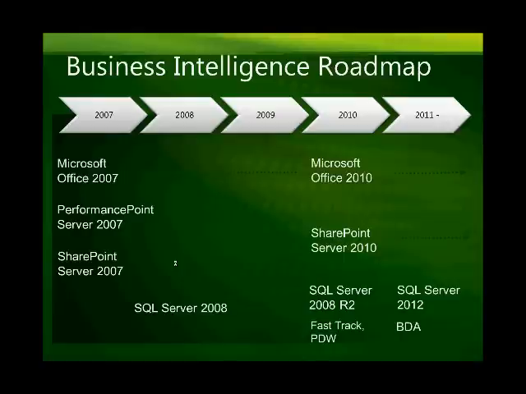So now, starting with the 2010 refresh of the roadmap, you can say, now I can get the entire solution from Microsoft, and that is that I can have my high performance data warehouse with the appropriate hardware. I can stand up that data warehouse and I can provide the business value back to my users through SharePoint and through Office.